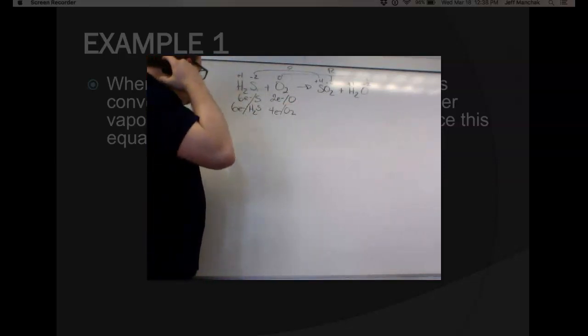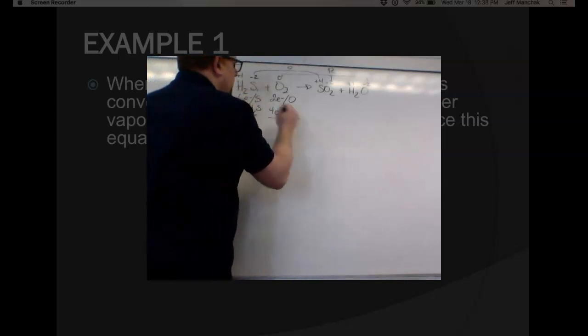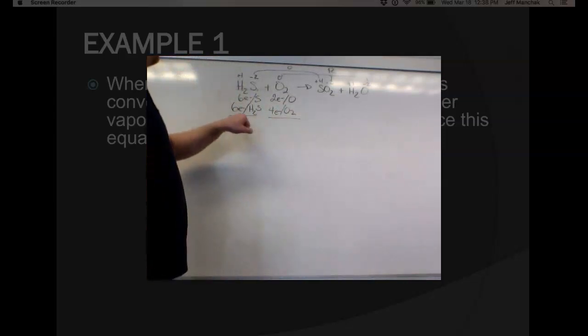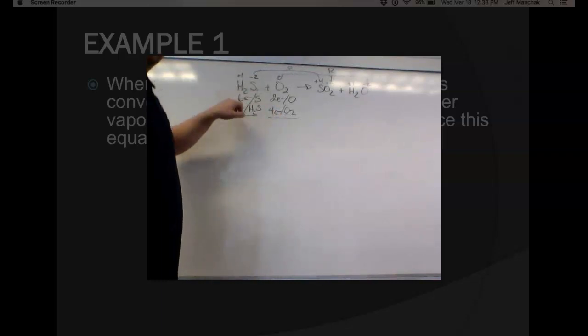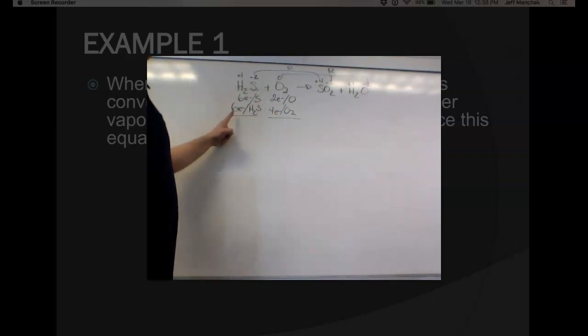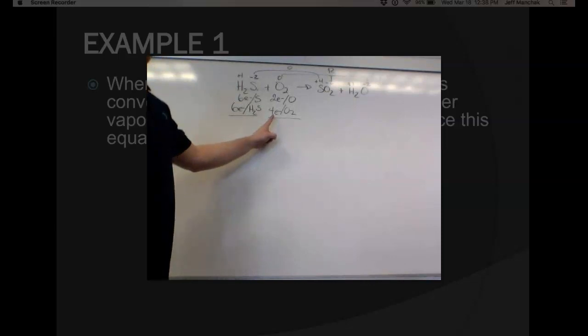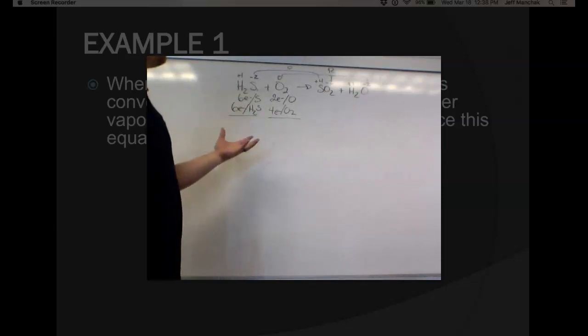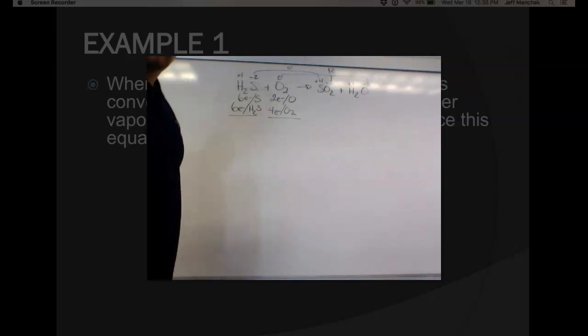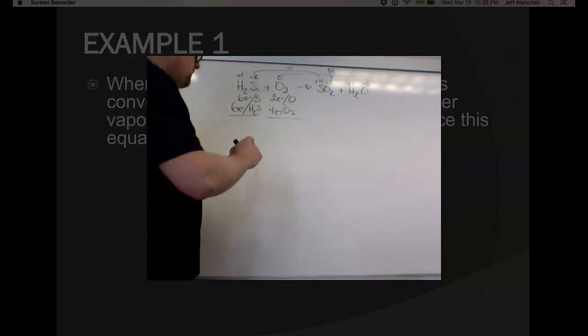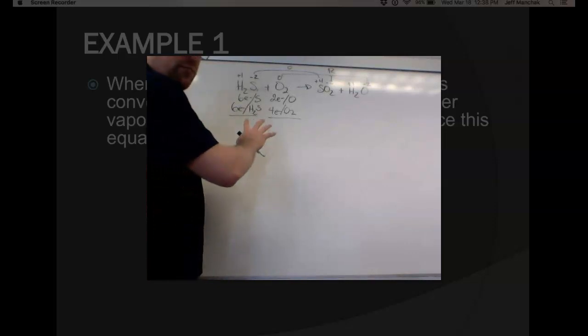Then the next step is to look and see if these numbers are equal, and they're not. We've had 6 electrons transferred here and 4 electrons transferred here. The number of electrons lost must equal the number of electrons gained. So what we need to do is use whole number coefficients to ensure that the number of electrons lost and gained are equal.